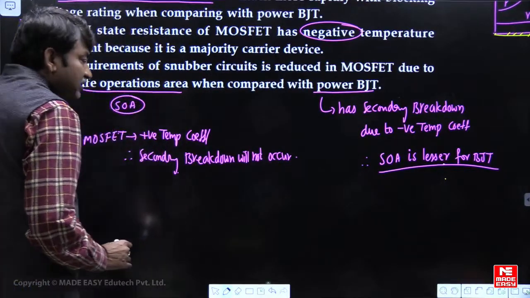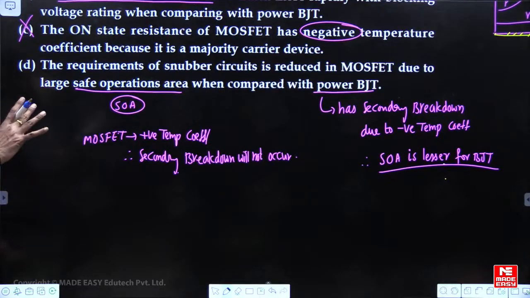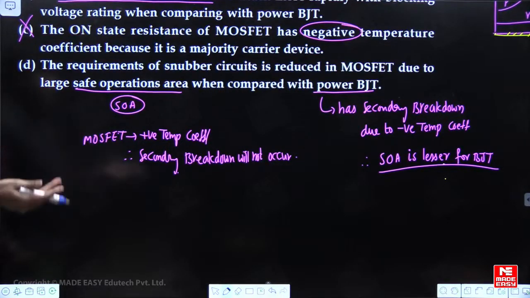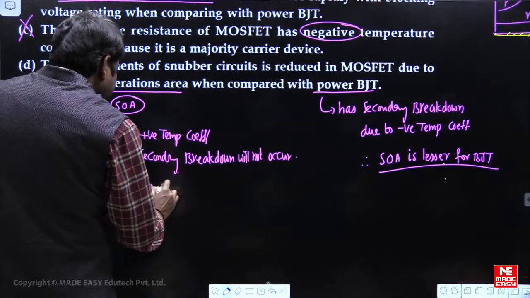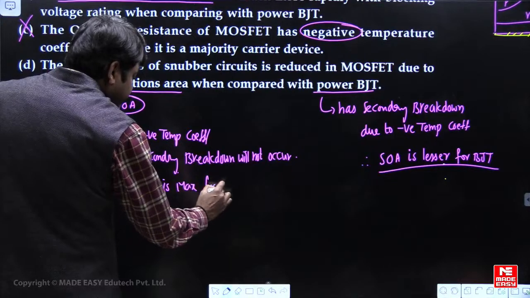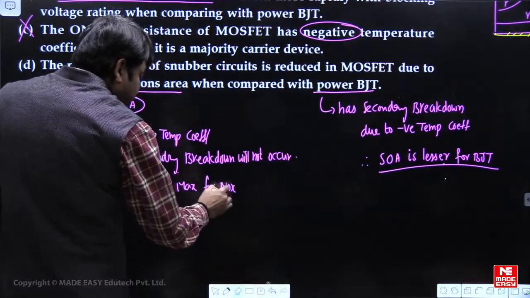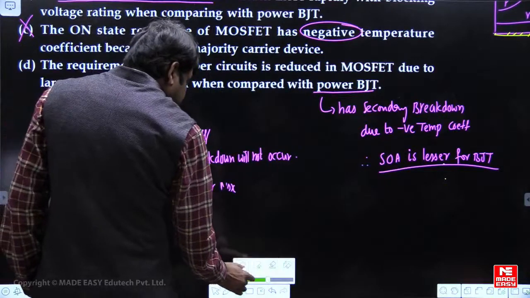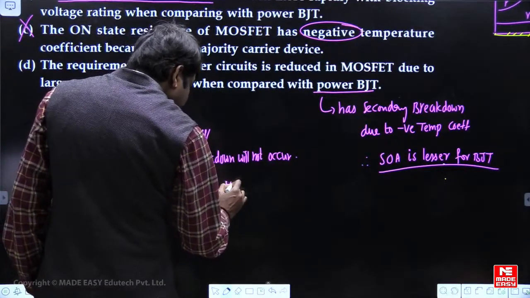So therefore safe operating area is more in MOSFET. That means the operating area is more for MOSFET when you compare with BJT. Therefore safe operating area is maximum for MOSFET.